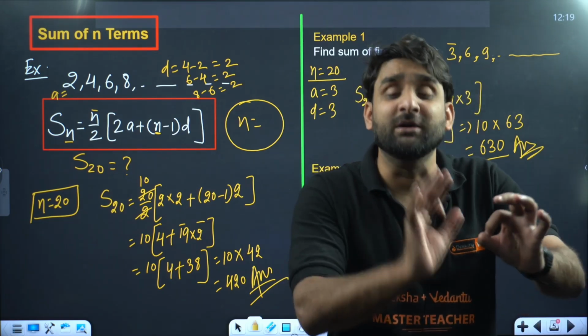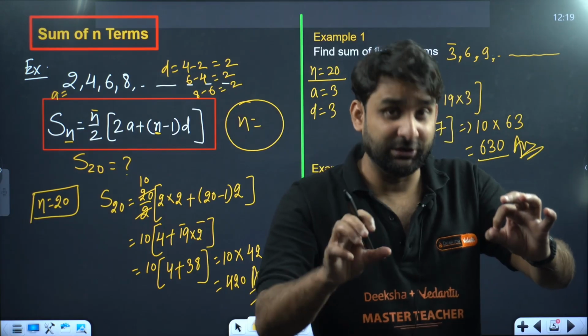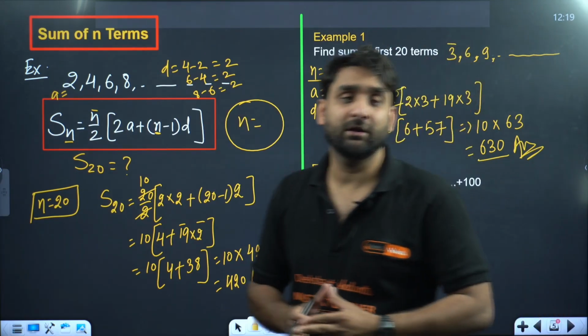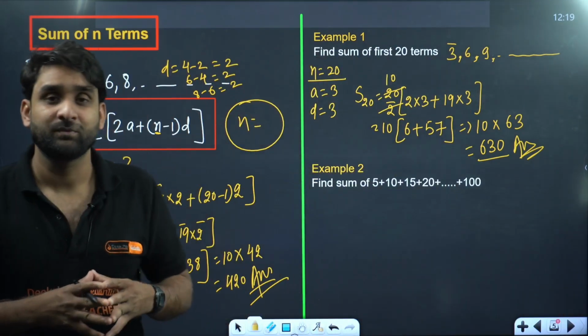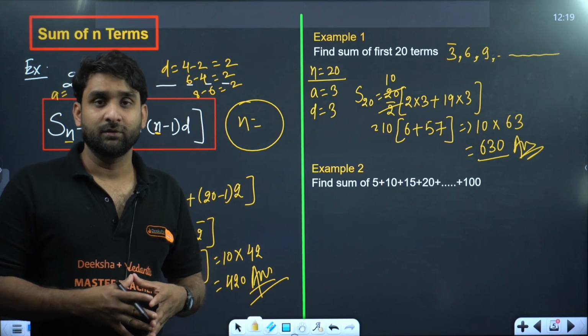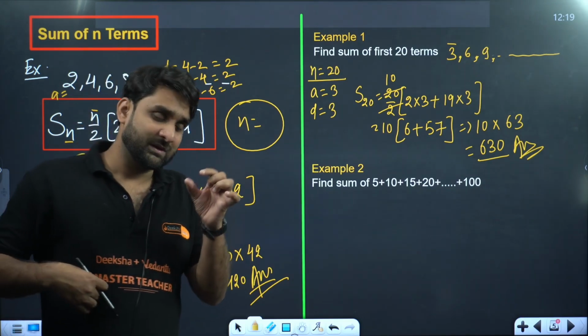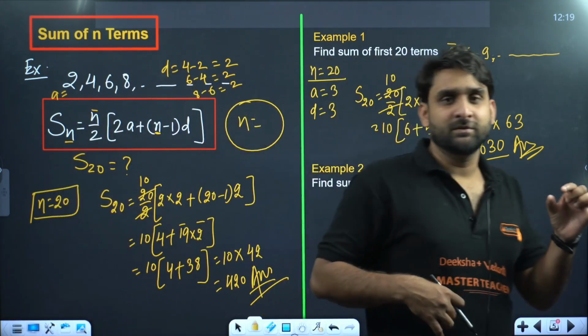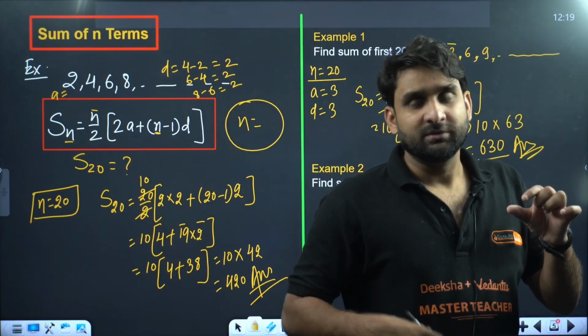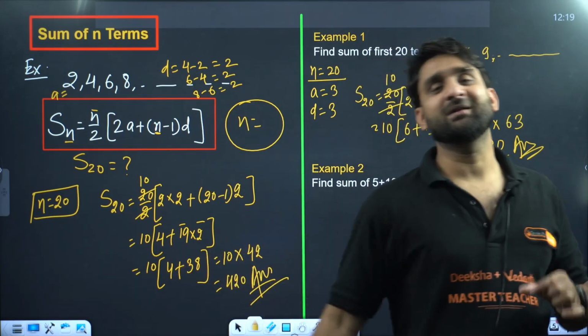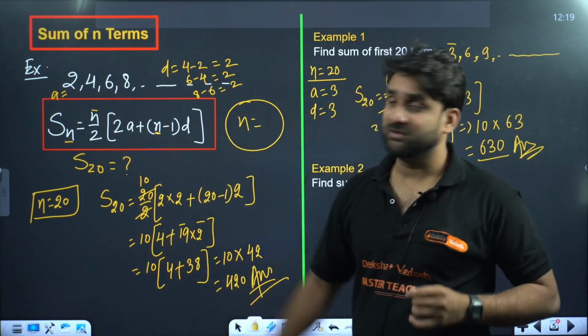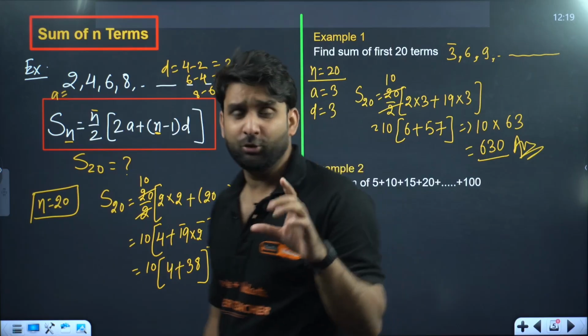How many terms you want to add should be clear. So n is the number that tells you how many numbers are getting added up. Then only you can apply this formula. I hope you all are getting my point.